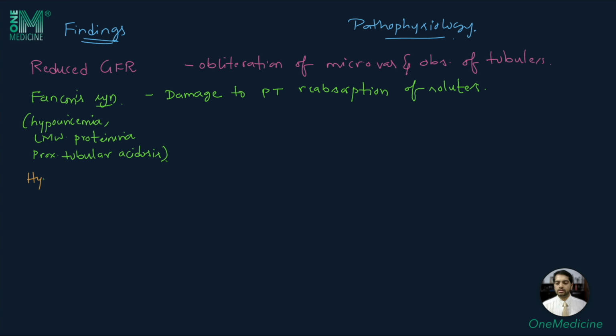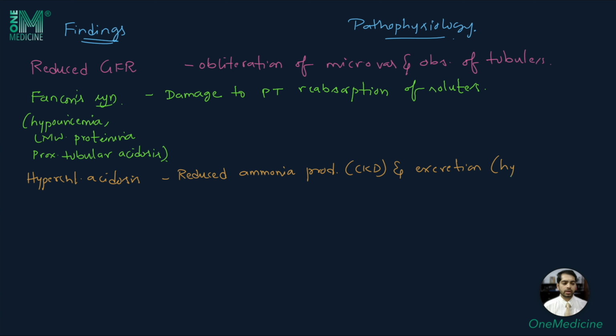The third finding is hyperchloremic acidosis, which occurs due to reduced ammonia production as seen in CKD and reduced excretion of ammonia as seen in hyperkalemia.